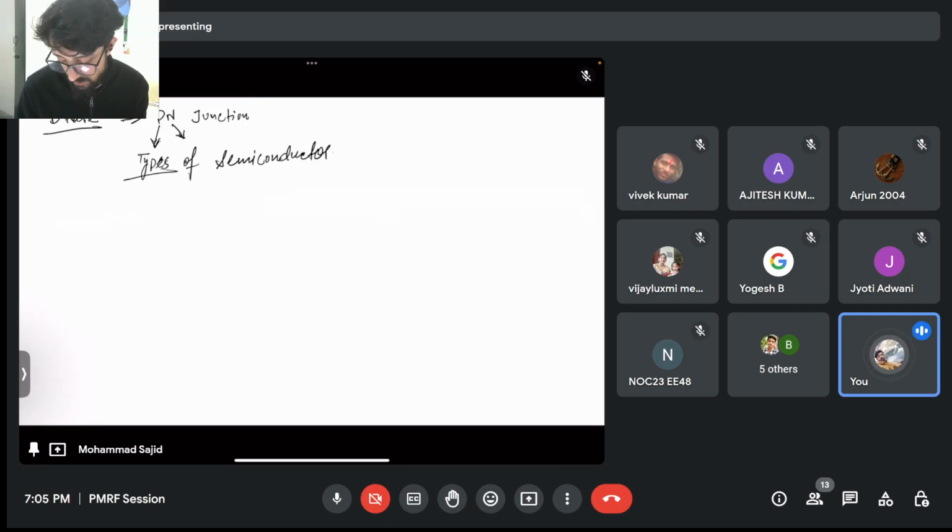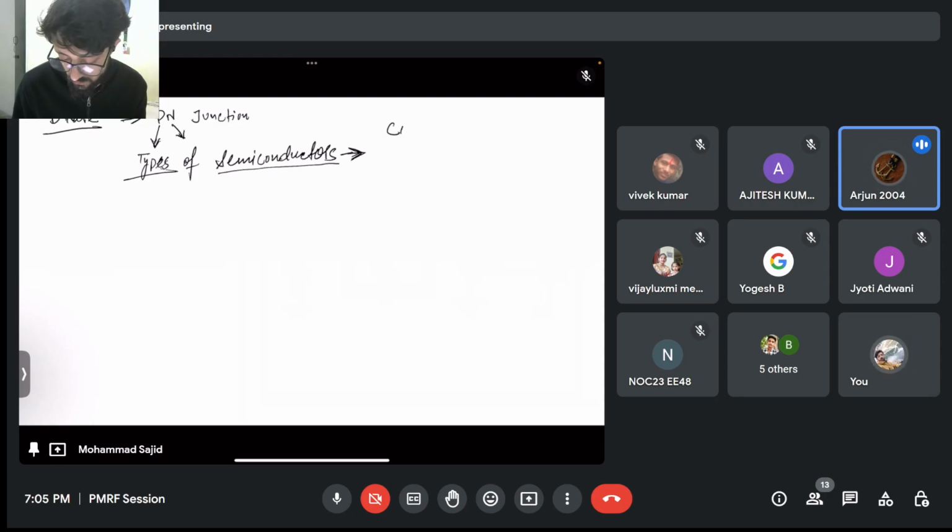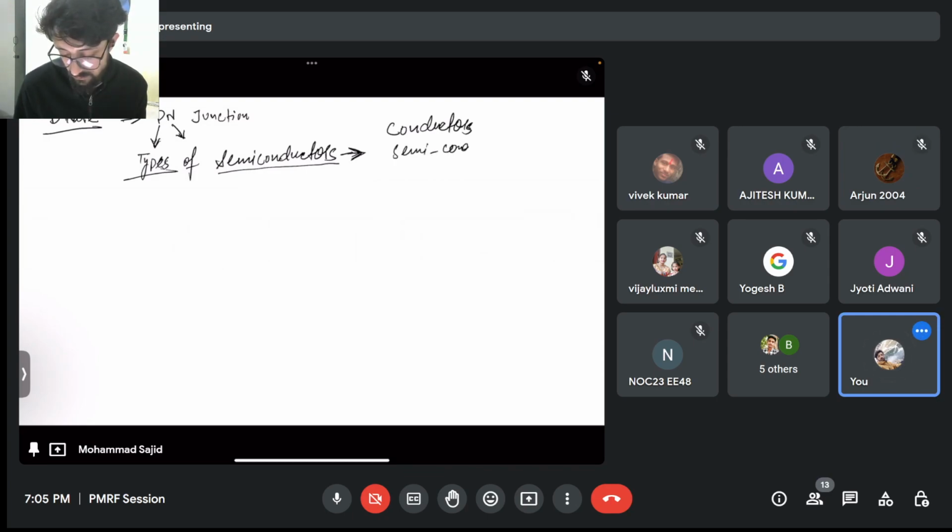What is a semiconductor? This course is analog circuits, and the basic elements we use in analog circuits are semiconductors, right? Everybody understands what semiconductors are. They are in between conductors and insulators: you have conductor, semiconductor, insulator. In between in terms of what?